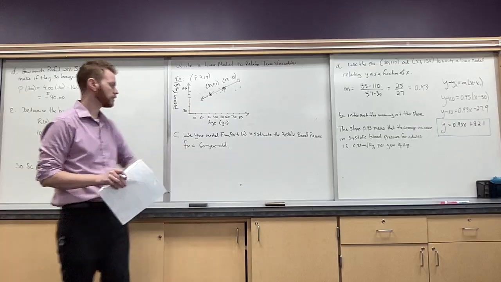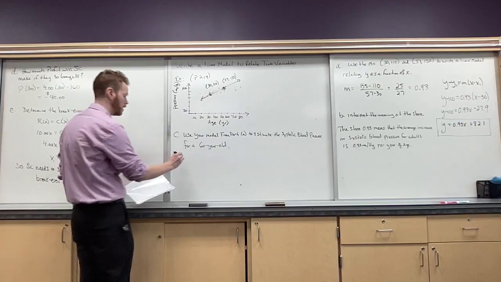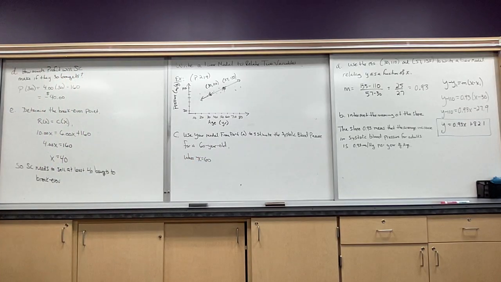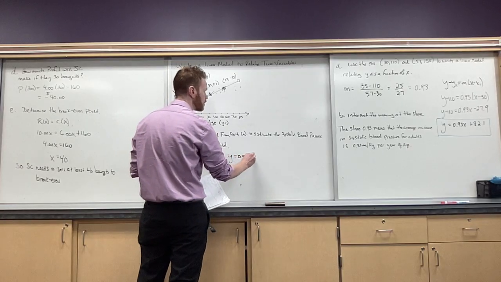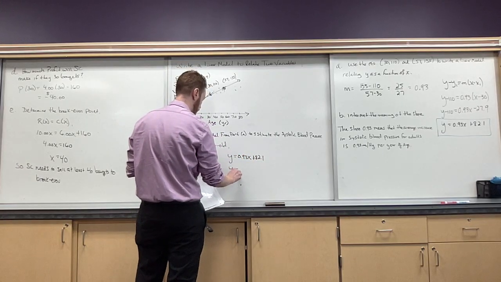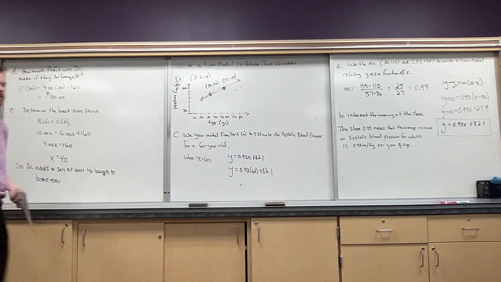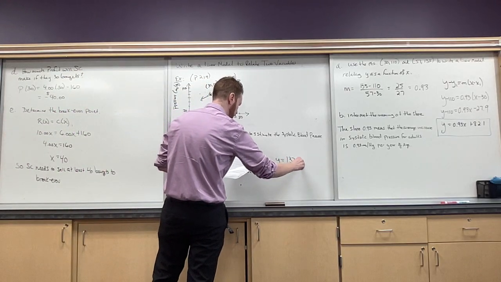We're gonna use that equation to help predict for someone that's 60 years old. Okay? So, that's when x is 60. So I'm gonna plug 60 into my equation and see what kind of pressure it gives me afterwards. So I'm gonna rewrite the equation over here. So y equals 0.93x plus 82.1. Okay, go ahead and make the direct substitution. And that old timer is gonna have a pressure of 137.9.